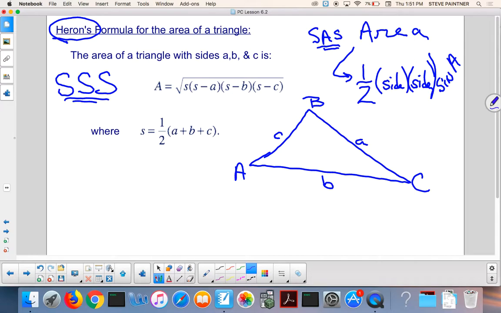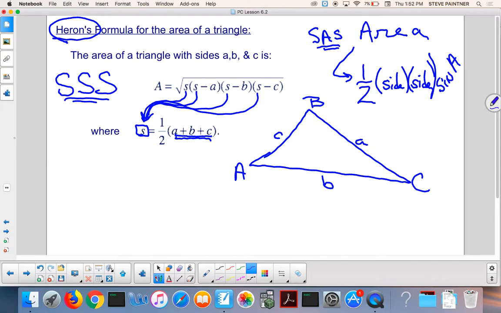In that mess, you see an S. You actually see four S's, right? But what's S? Well, it says here, S equals half of what? What is it called again when you take all three sides? Perimeter, right. So really what you're supposed to do is find the perimeter of your triangle and then just cut it in half.